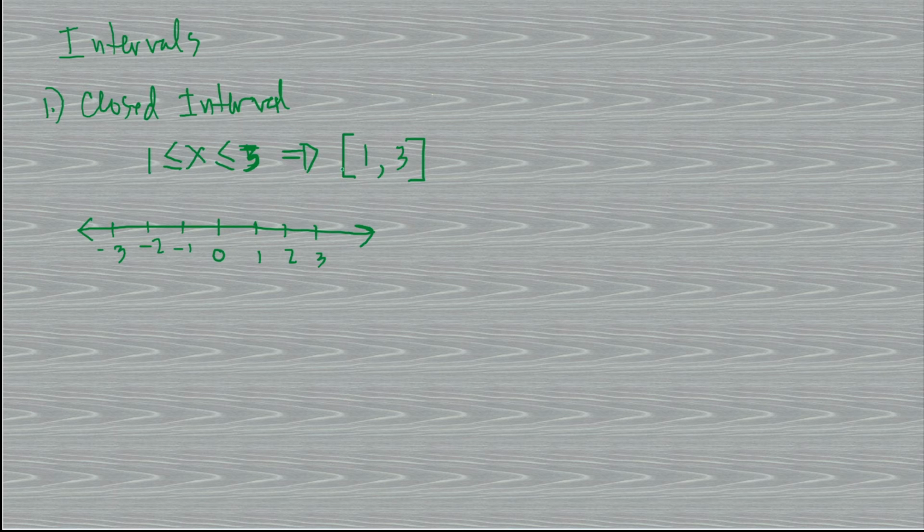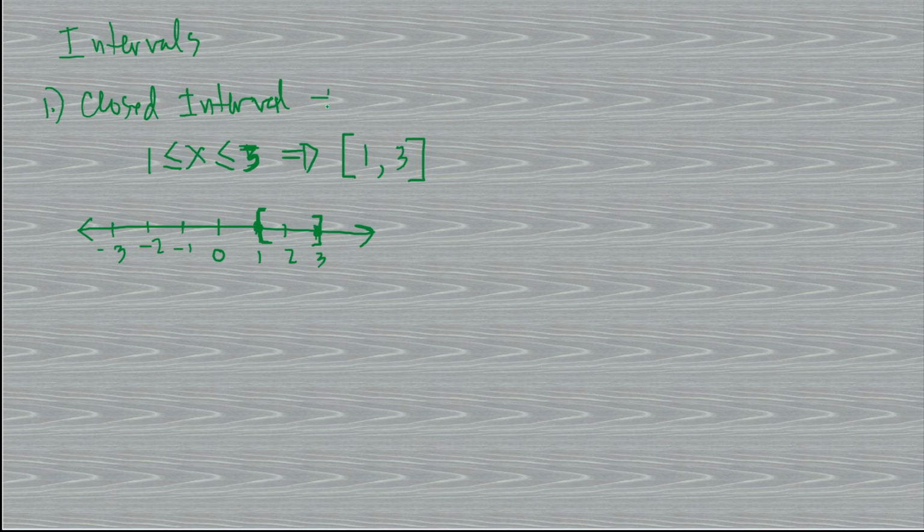So where is the location of this 1 and 3 in a number line? It's here, positive 3 and positive 1. So we can enclose this coverage from 1 to 3, and we can indicate it as a closed interval.